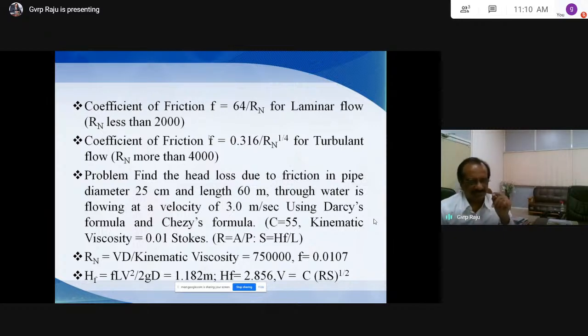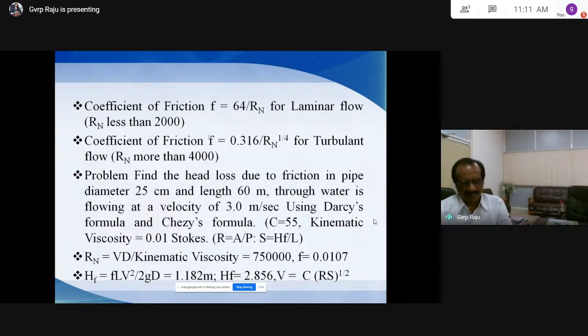And this was the question which was posed to me when I attended an interview for assistant professor at J.N.T. Kakinada. It's a government college, J.N.T. University of Engineering Kakinada. When I attended the interview at J.N.T. Hyderabad way back, we had experts on the interview board, and one of the experts asked me, give me the relation between f and Rn when the flow is turbulent.